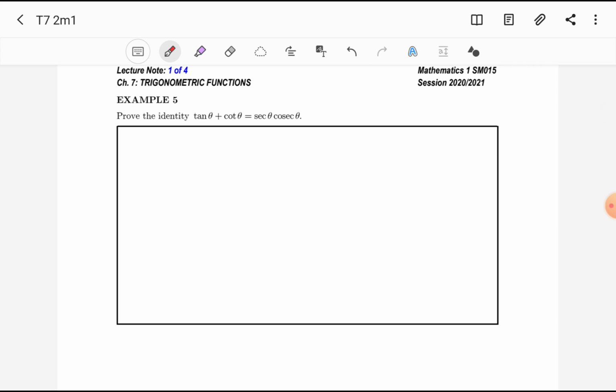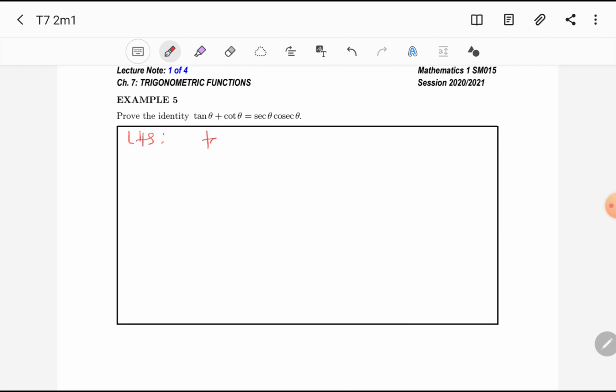Okay, prove the identity. Okay, we have tangent theta plus cotangent theta equals to secant theta times cosecant theta. Okay, to prove the identity ni sebenarnya awak boleh pilih je lah yang mana-mana yang selesa dengan awak. Okay, but saya akan move from left hand side.